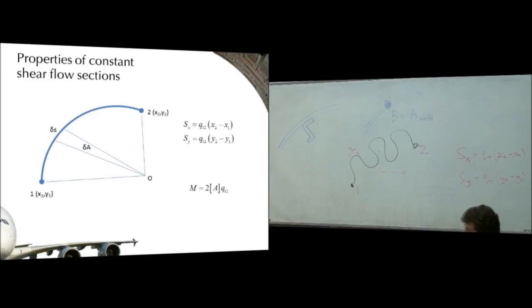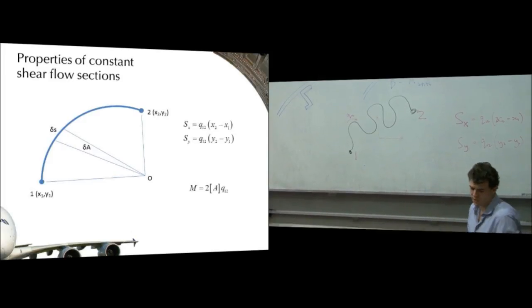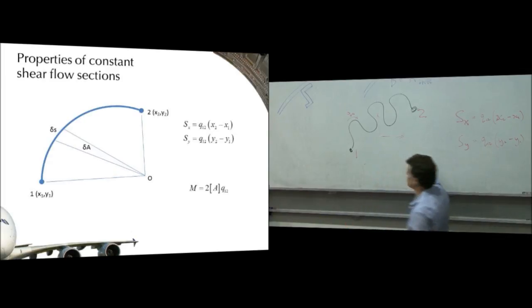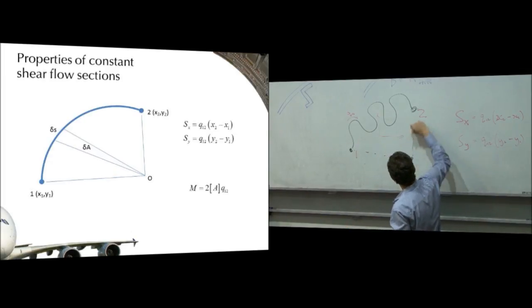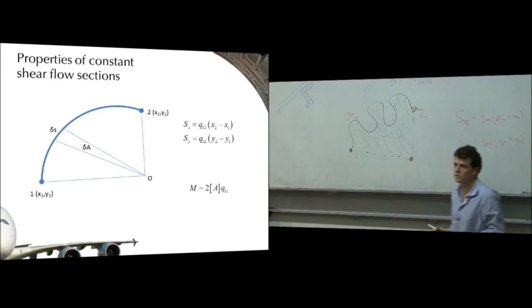And the moment about a particular point is based on the torque formula we learnt last week, which is 2AQ, okay, 2 times the enclosed area, where the enclosed area, if we're trying to find moment about this point, is all the area enclosed by this here.